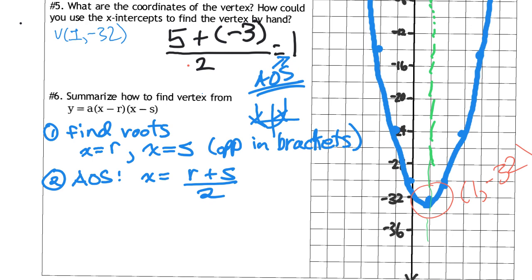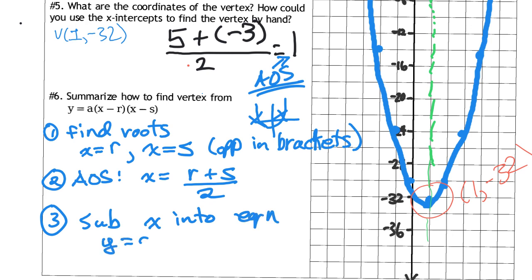And then, just like before, when we wanted to find the y value of our vertex, we substitute x into our equation. In this case, it's y is equal to a, x minus r, x minus s, to find our y value for our vertex, and then you can state the vertex.